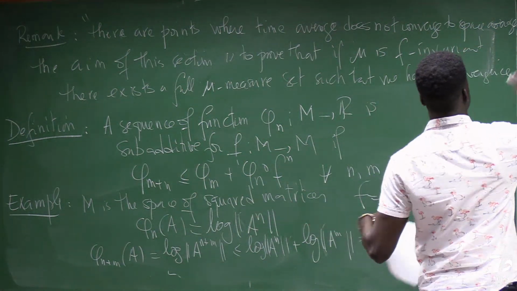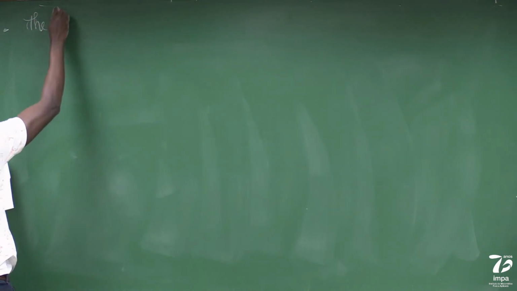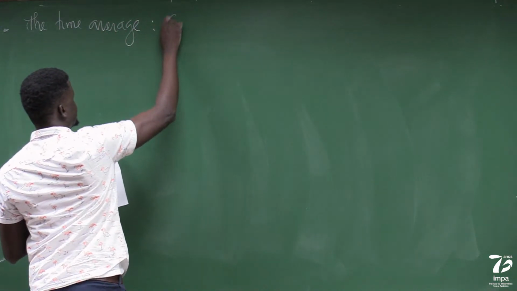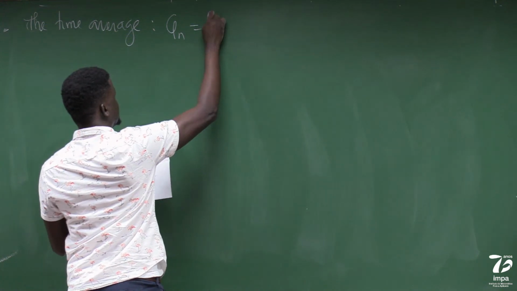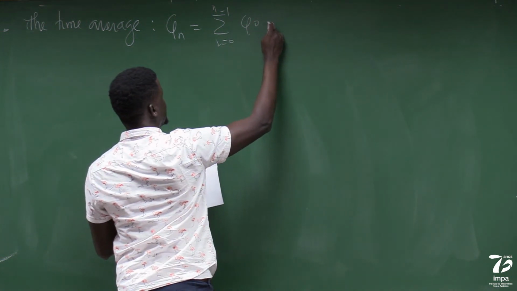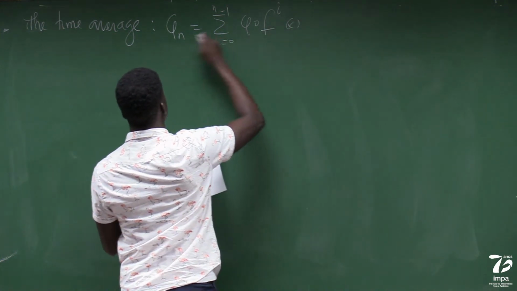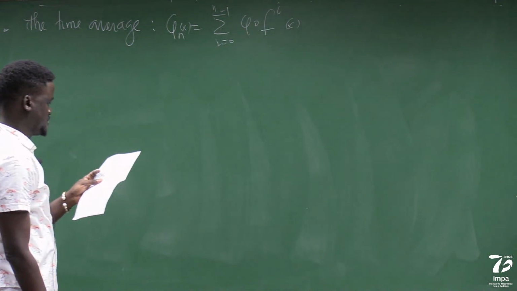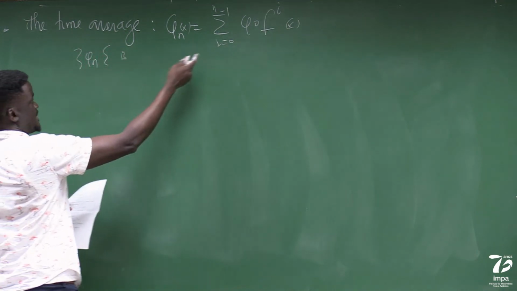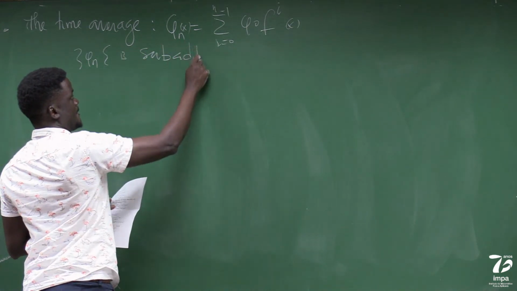So this is one example also: phi n, the time average, defined as the sum for i equals 0 to n minus 1 of phi of f to the i of x. This sequence is subadditive with respect to f, where f is any dynamical system.